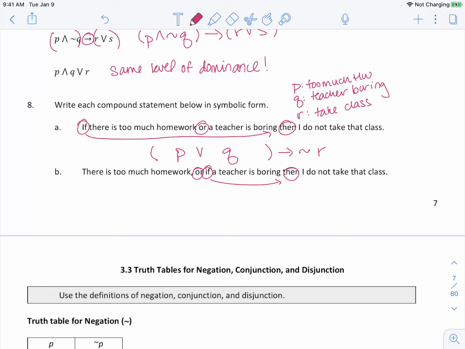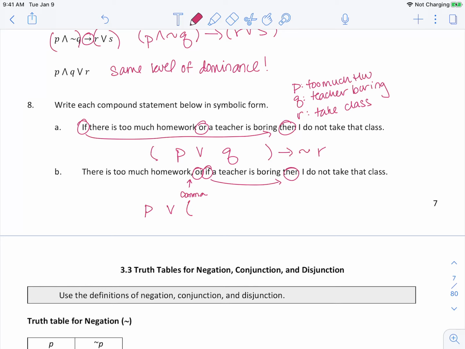Now, if then is more dominant, however, we do have this comma here, okay? So you have to pay attention to the comma because the comma is what's splitting our sentence here. So we have there is too much homework, P, or then we have, if a teacher is boring, then I do not take that class.